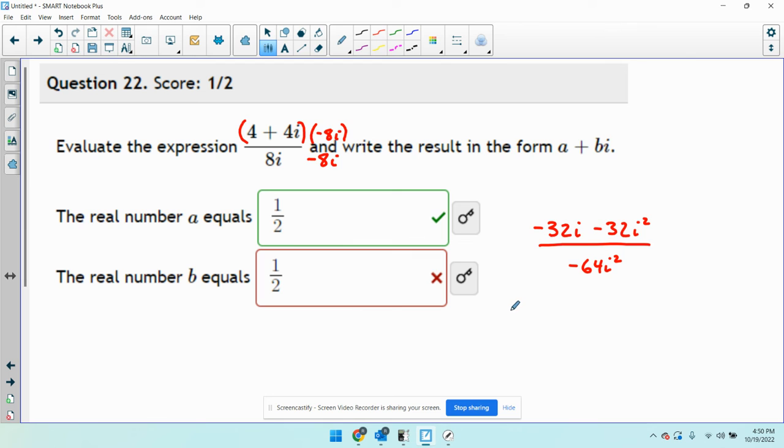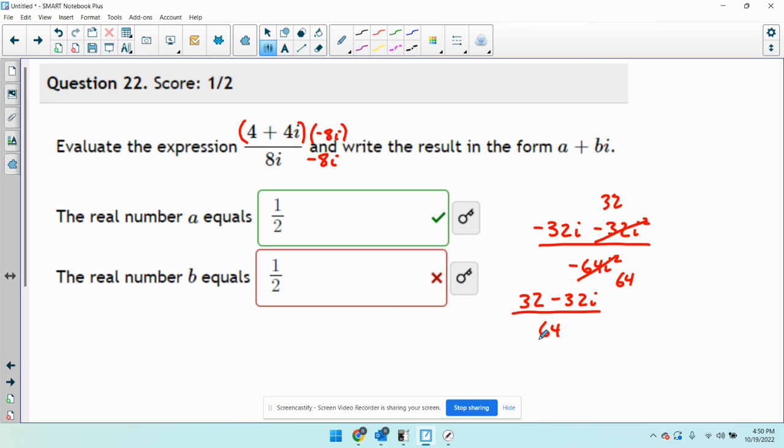So this becomes positive 32. So this is 32 minus 32i over, this becomes positive 64.